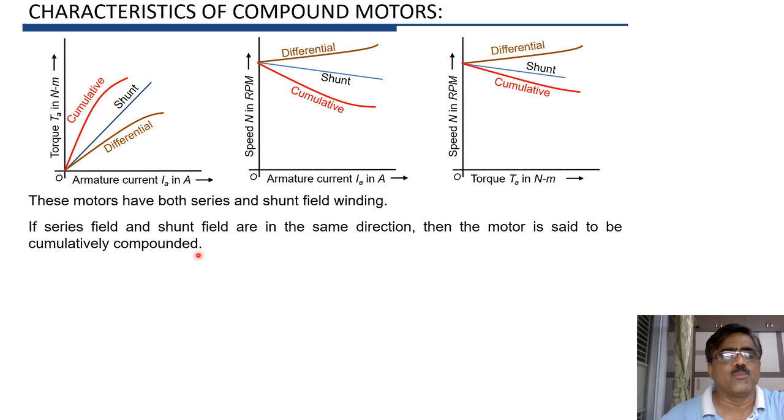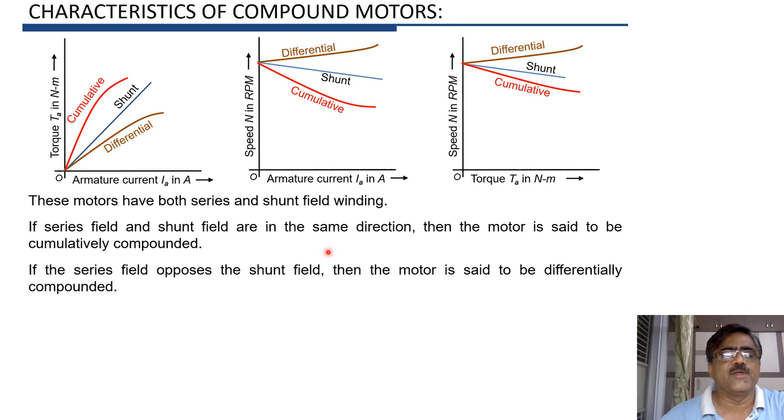Cumulatively compounded motors means series magnetic field and shunt magnetic field both are in the same direction, whereas differentially compounded motor means its series field opposes the shunt field.